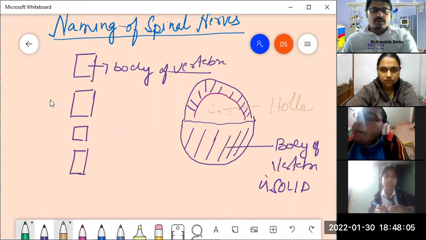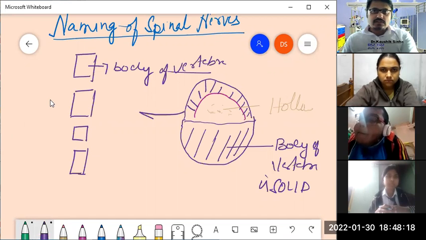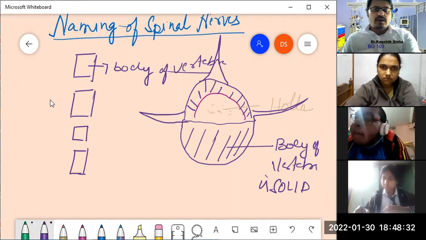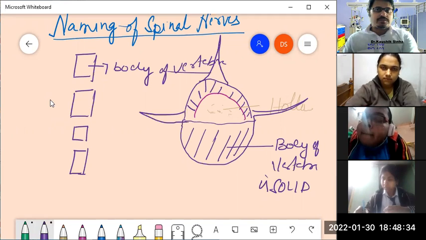Clear? And in addition to that, if you look at the sides of the vertebrae, the sides have processes. Not only the sides, even the top of the arch has a process. The sides are known as the transverse process, and the top one is known as the spinous process of the vertebrae.